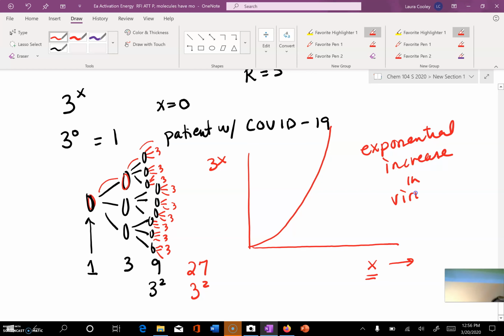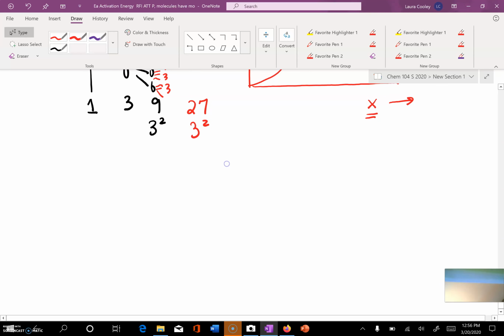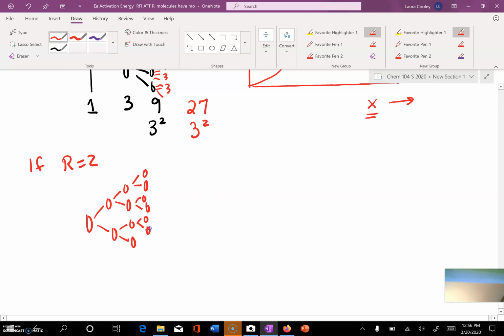in virus cases. So if the R number weren't 3, like if the R number were 2, then this wouldn't be quite as rapid, right? Then you'd get 1 giving 2 and 2 giving 4. It's still considered exponential, but it's that R number that influences exactly how this is going to go.